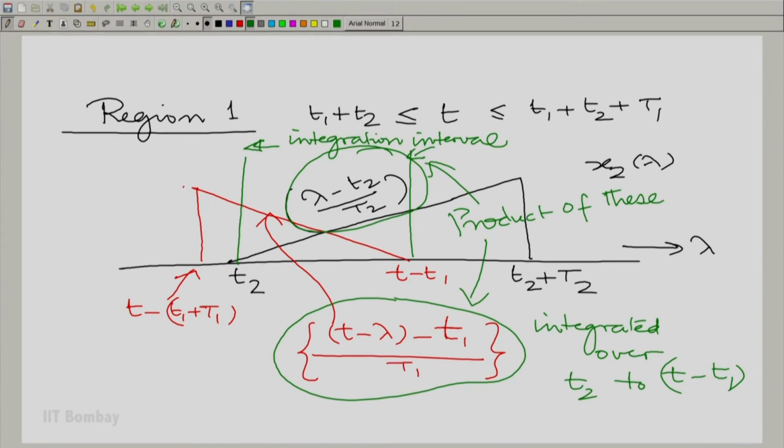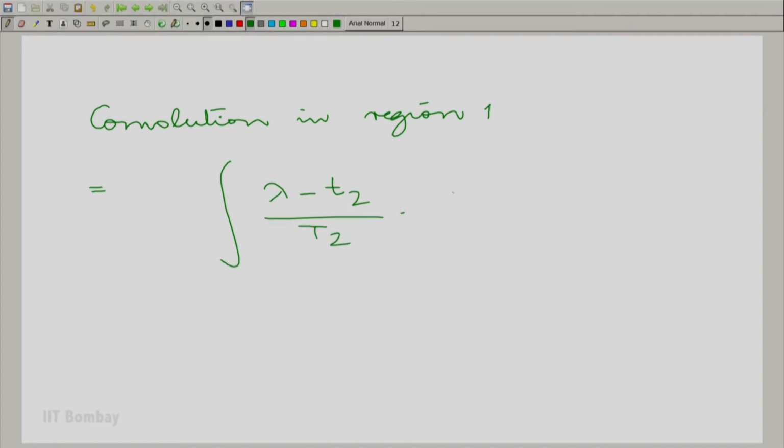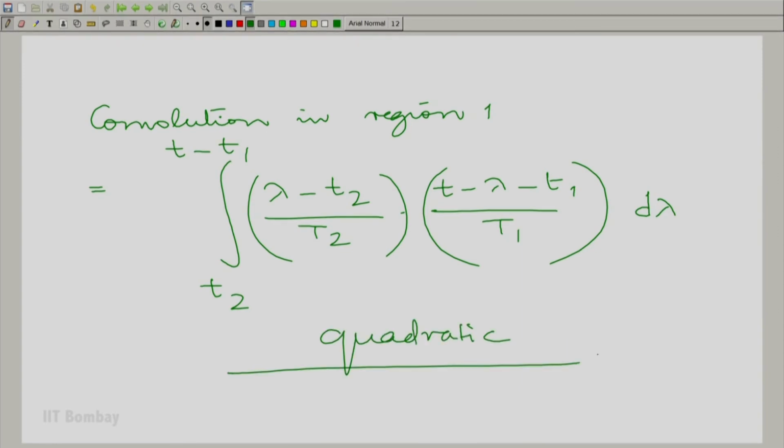Let us write that down. So, we are saying essentially the convolution in region 1 is the product of lambda minus T2 divided by capital T2 times T minus lambda minus T1 divided by capital T1, d lambda, integrated from T2 to T minus T1. So, essentially there is going to be a quadratic, that is to be expected.